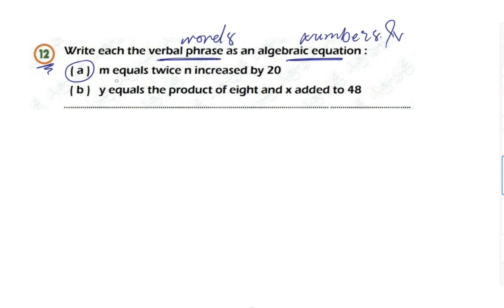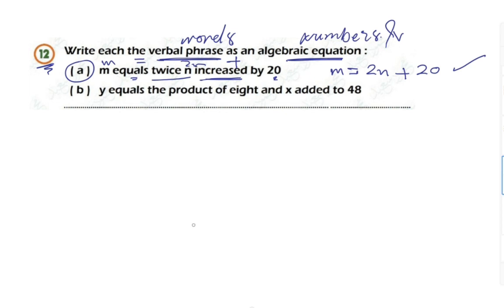Step by step. m equals, that means m equals twice n, that means 2n. Increased or decreased? Increased, plus 20. So the first equation will be m equals 2n increased by 20.